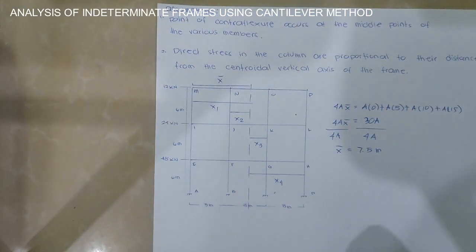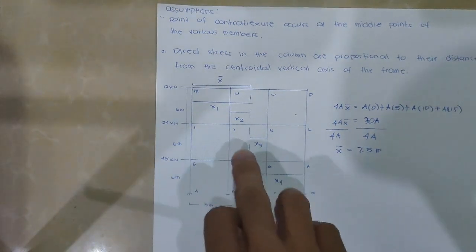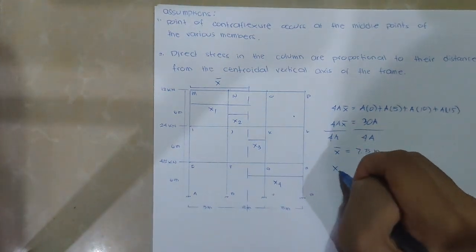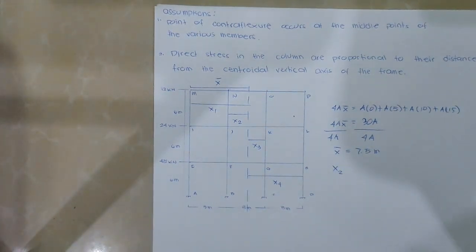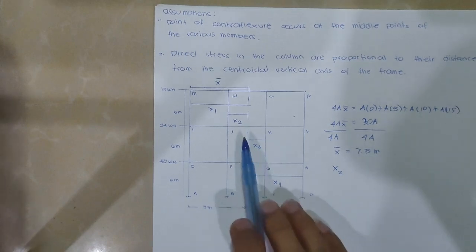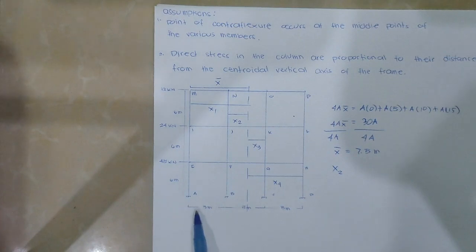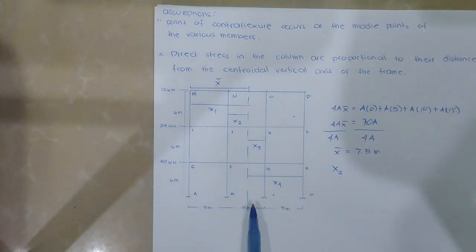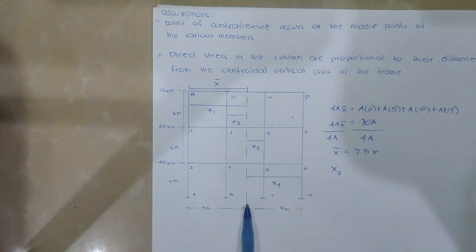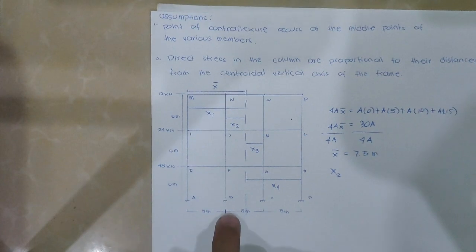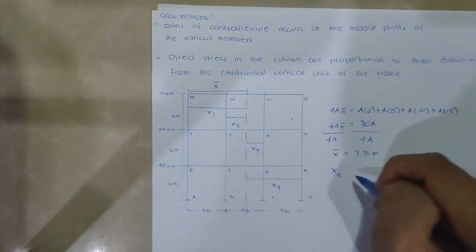To get x2, x3, and x4, it is also easy. Let's say this is our x2. Since our x bar is 7.5 from our reference column to our centroidal axis, and then we have 5 meters for this column A to B, we subtract.